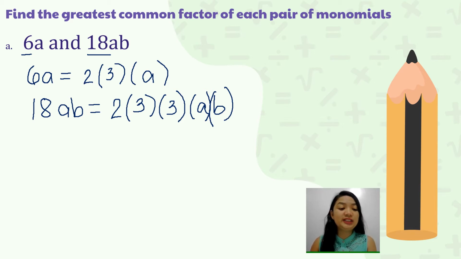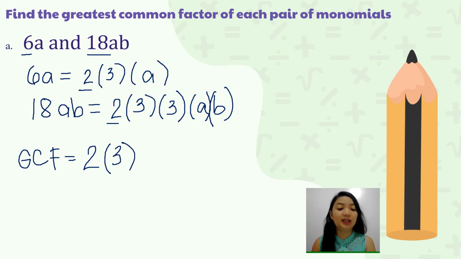To get our GCF, or the greatest common factor, we simply multiply the factors which are common to the two terms. We copy 2. We also have a common factor of 3 and also a. So we have 2, 3, and a.